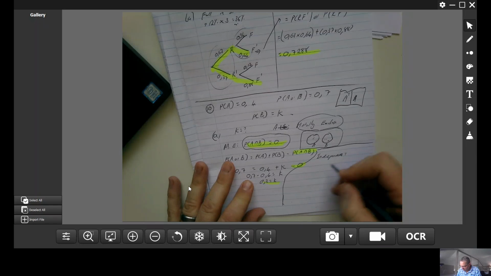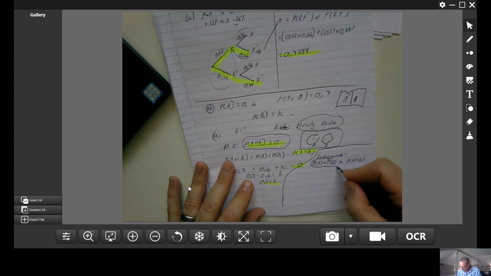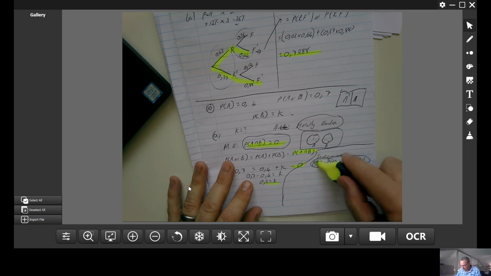So the test for independence is that the probability of A times the probability of B is equal to the probability of A and B. That's how you test for independence. If you're told they're independent, that must be happening. If you're asked to prove independence, they usually use contingency tables. Are two things independent? You've got to show that. But if you're told they're independent, you can assume that. So we're told they're independent, so we can assume that.